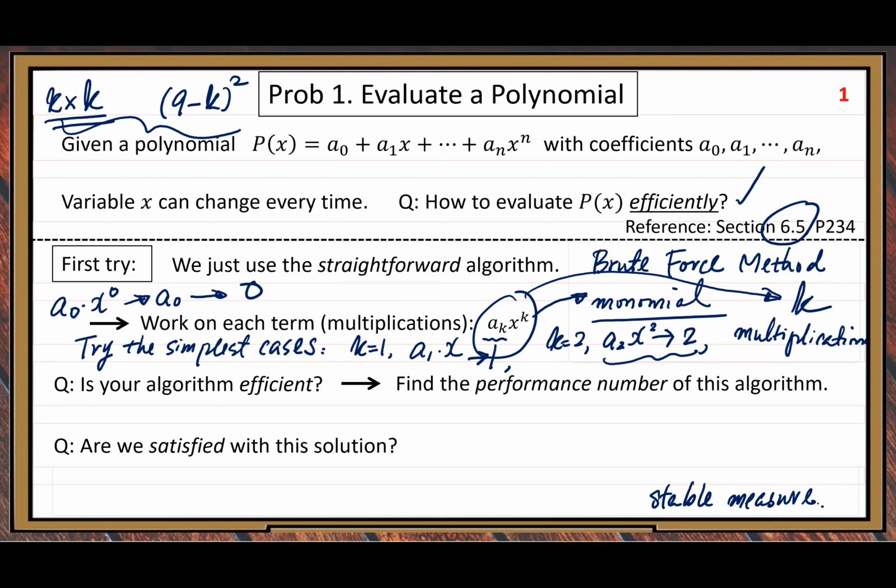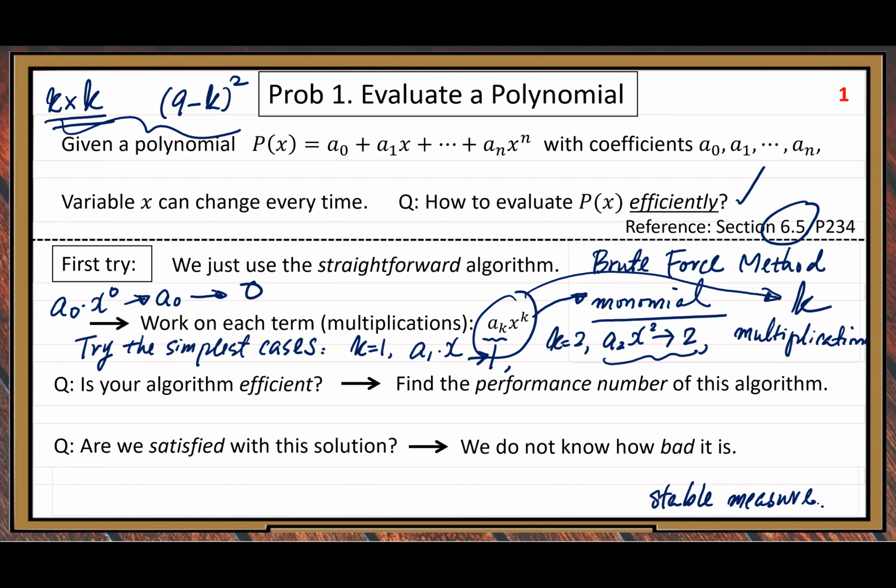Then we can say if we are satisfied with our first solution or not. Some questions we need to delay, but we raise those questions first. We need to spend some time to get good answers for these questions.